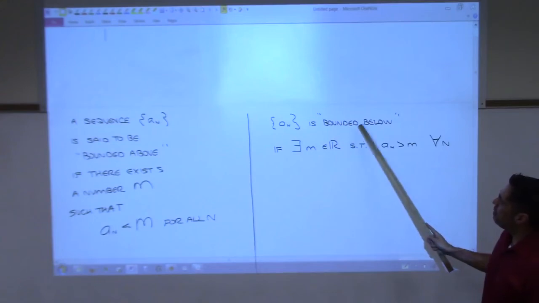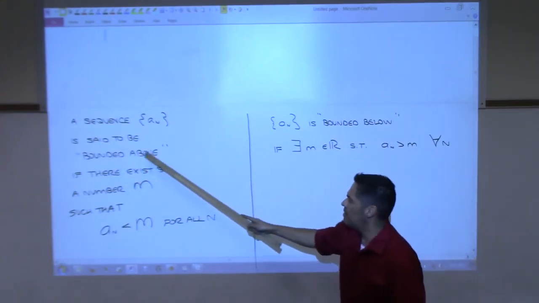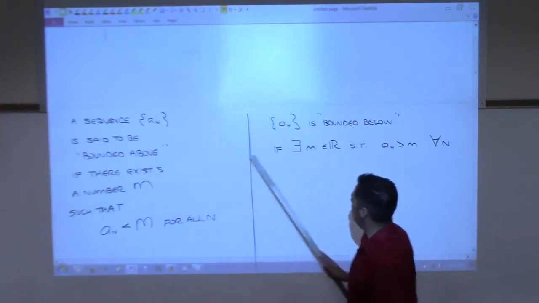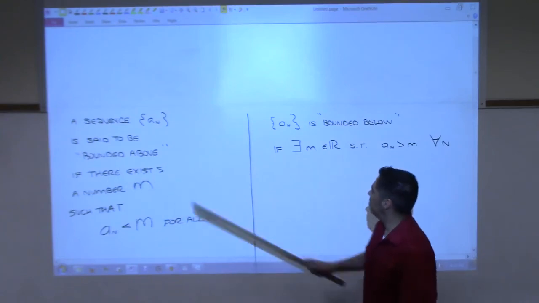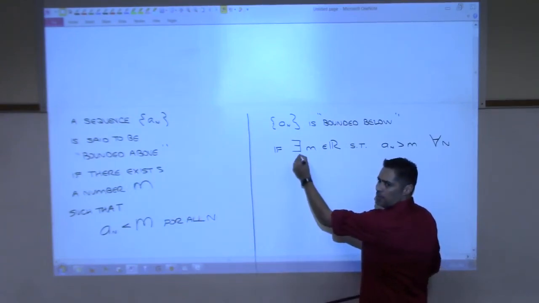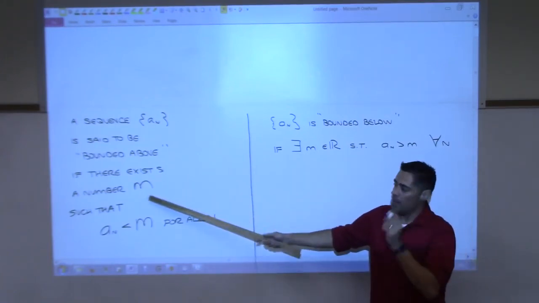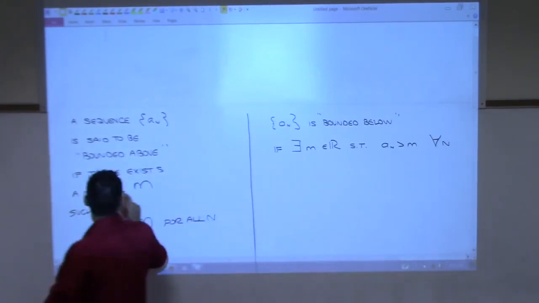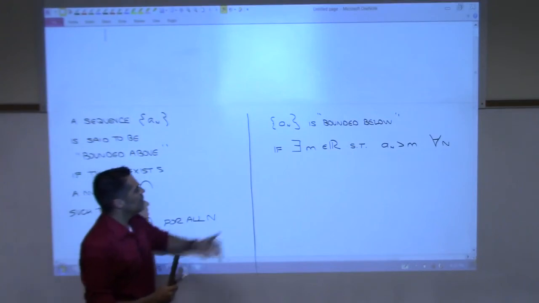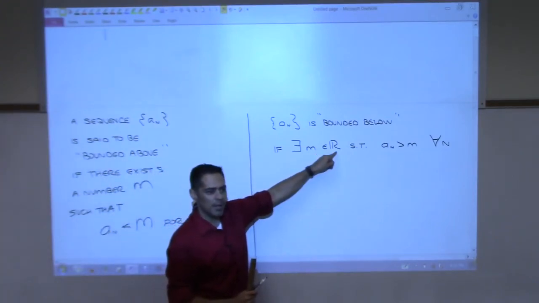Sequence A sub n is bounded below instead of above if there exists, and this right here is the symbol we use for there exists, a little m instead of capital M. Now I said there exists a number m, right? Well, here I'm saying there exists an m that's an element of the real numbers. In other words, that's a number, right?